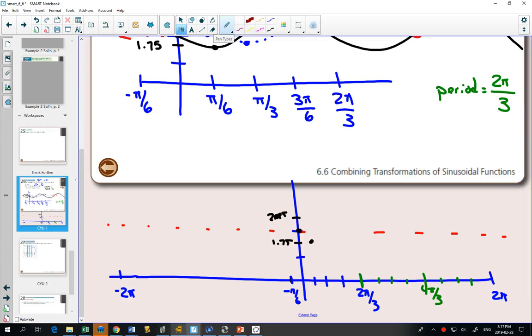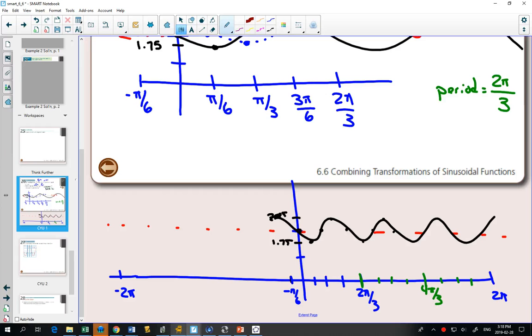Starting at a max, then center line, then min, then center line, then max, then center, then min, then center line, then max, then center line, and so on. And then draw your curve between there going on. That's not very accurate right now.